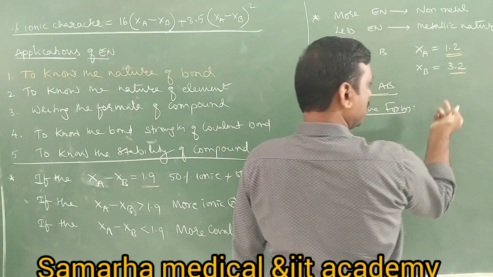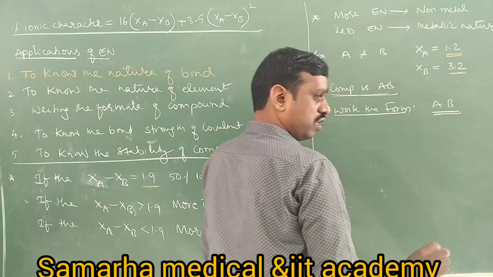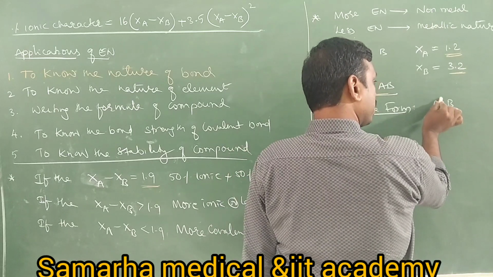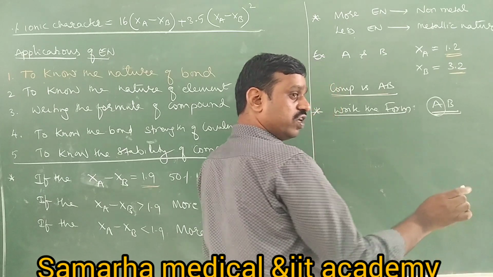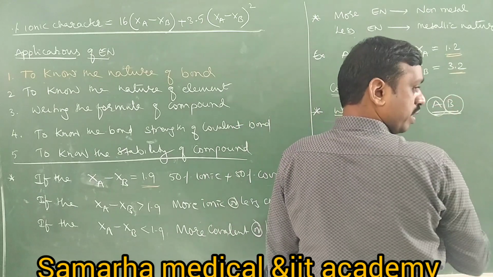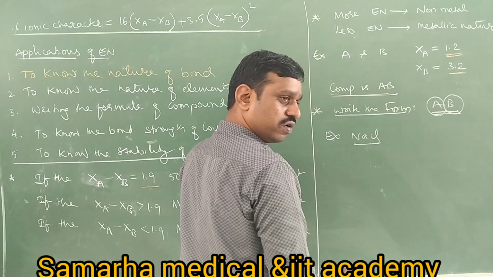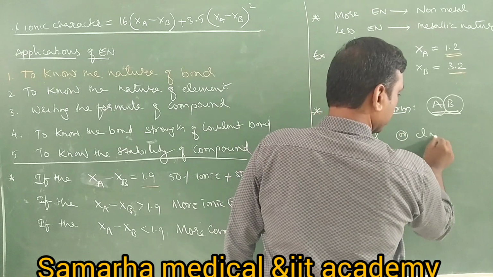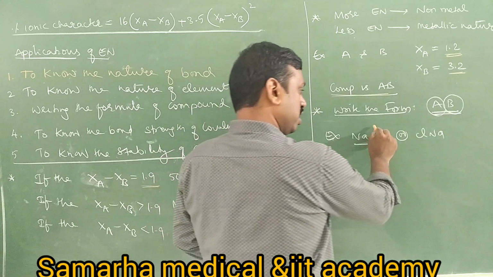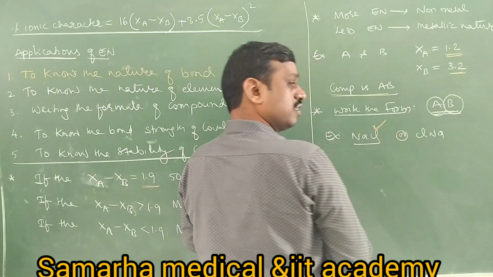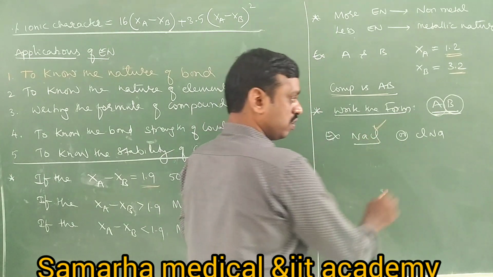It is AB. Why? Remember, the less electronegative element is always written first, then the more electronegative element. For example, NaCl or ClNa, which is correct? NaCl. Why? Cl has more electronegativity, Na has less. Therefore the less electronegative element is written first, then the more.